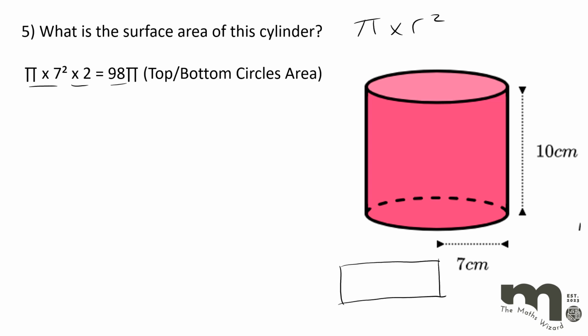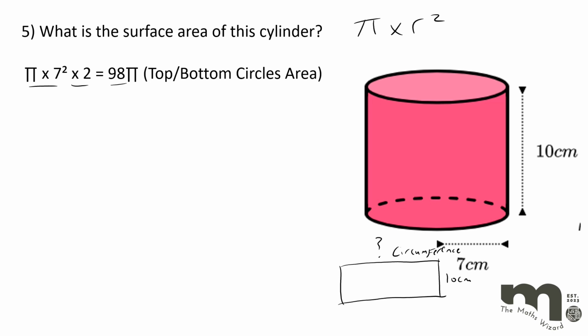Okay, so if you were to roll it out, you'd have the height of it, which is that 10 centimeters there, which is the height of the cylinder, and then you'd have this bit here. Now this bit here is going to be the circumference of the circle.